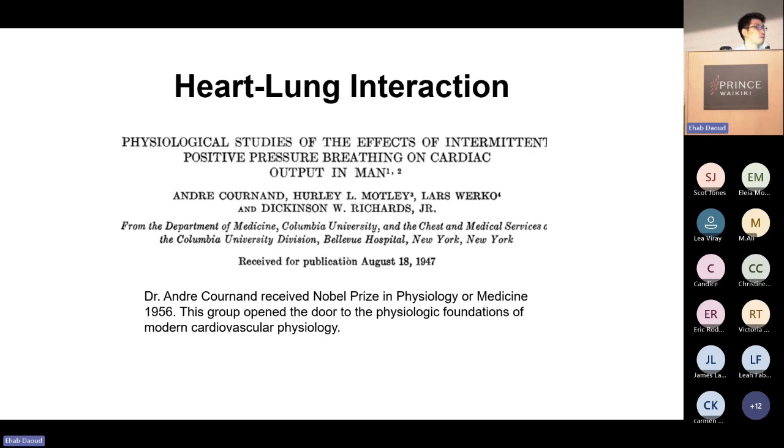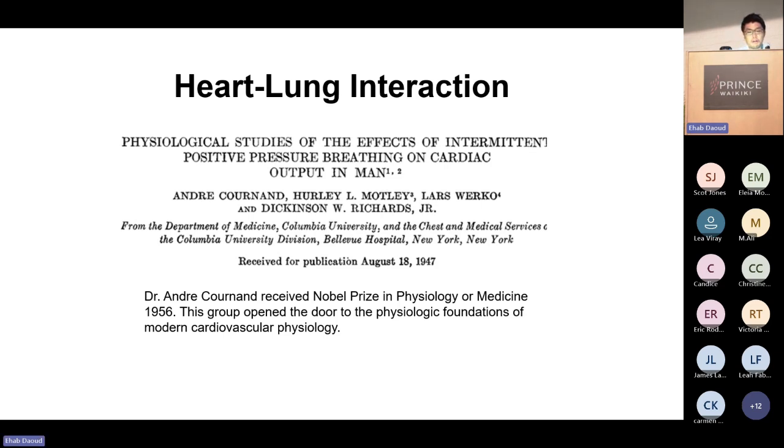And eventually he noticed, oh, this is very useful to understand the interaction between pulmonary and heart. Because of this discovery, later on, he was awarded the Nobel Prize in 1956. But this actually opens the door to understanding heart and lung interaction.